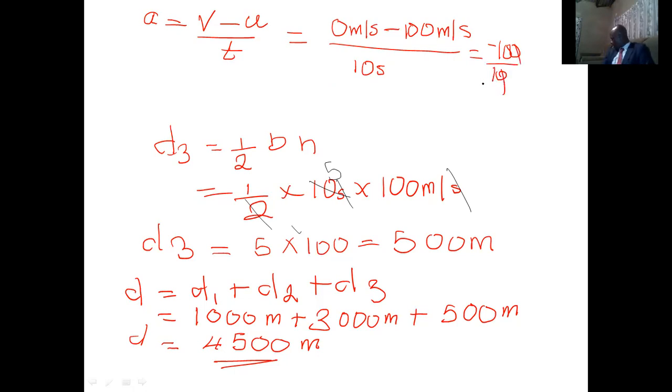And this gives us our retardation to be equal to negative 10 meters per square second. And so this is how we can calculate the retardation, that is when the car was moving with uniform retardation in 10 seconds.